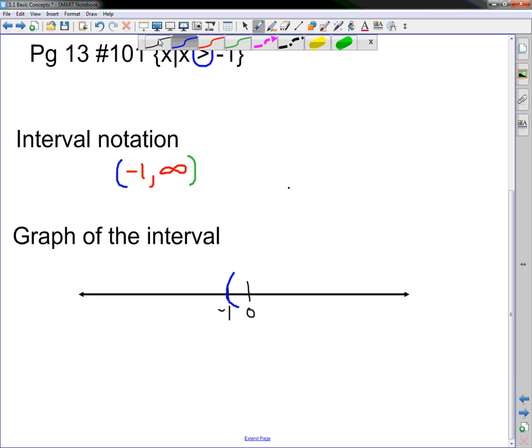To represent that we're going greater than, we want to just draw a line on here representing that it's going right forever. So your interval notation will tell you to use a parenthesis or bracket. If we had used a bracket in our interval notation, we'd be using a bracket on our number line.